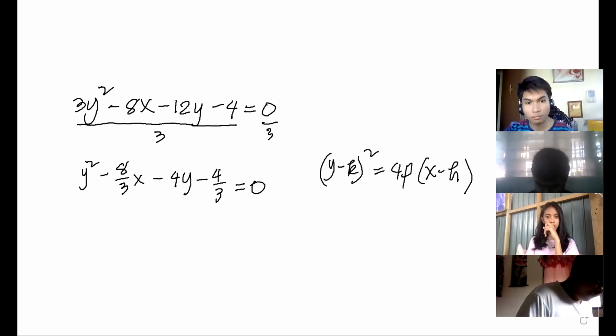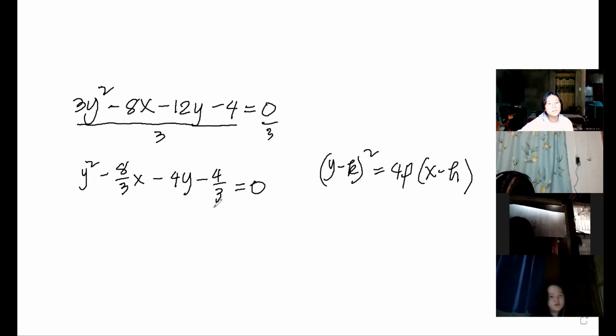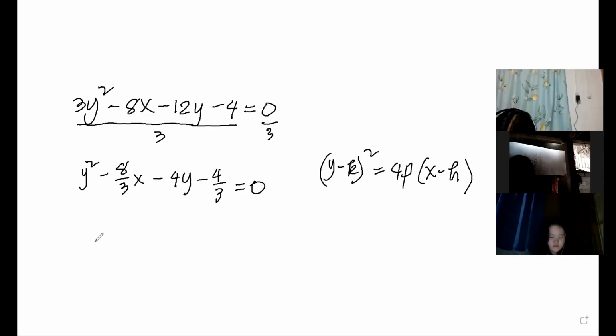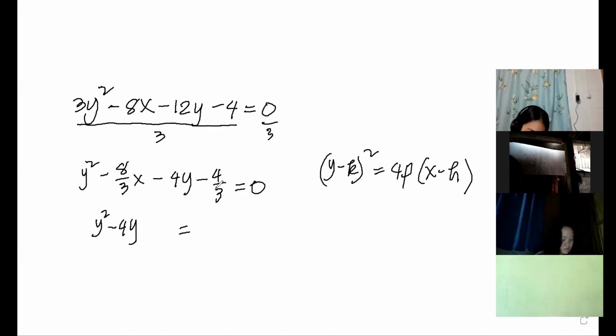Find the perfect square of y squared, sir. Before that, combine first. Don't scatter the terms. What will you combine with y squared? Y squared minus 4y, sir. Very good. You remain the y squared and the 4y on the left side, right? Yes, sir. So what do we do with these two terms?